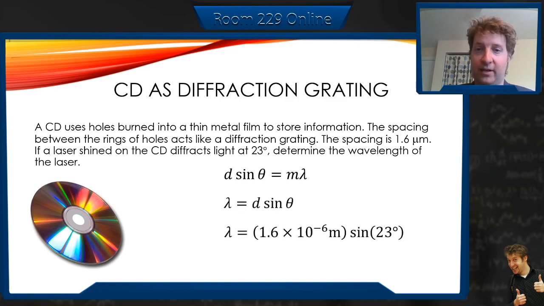And then plugging in our data, the spacing between them is 1.6 micrometers, and the first bright spot is at 23 degrees, so sine 23. I find that the laser I'm pointing at this is 630 nanometers, which is an incredibly small measurement.